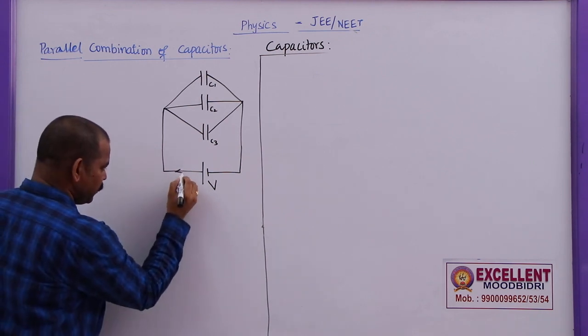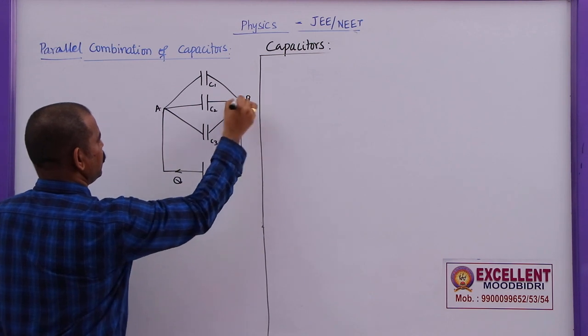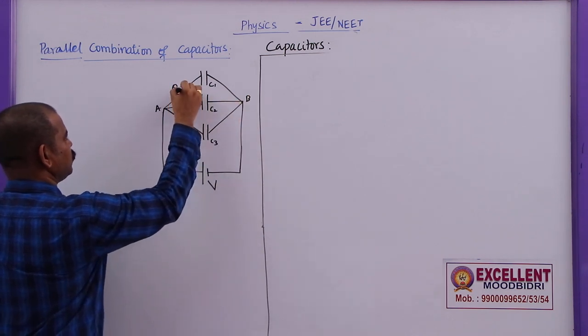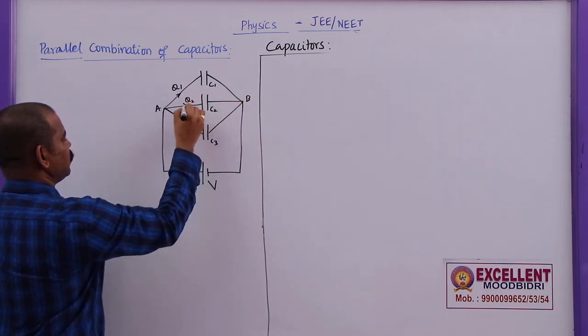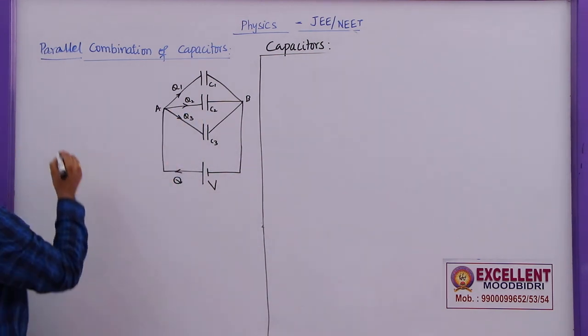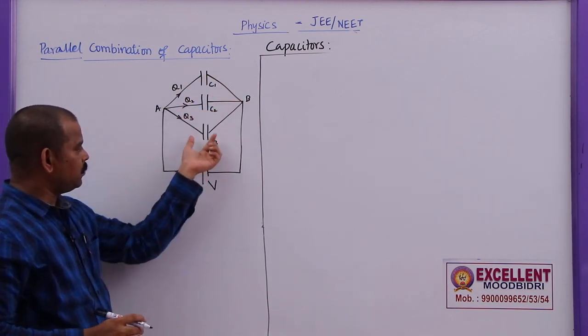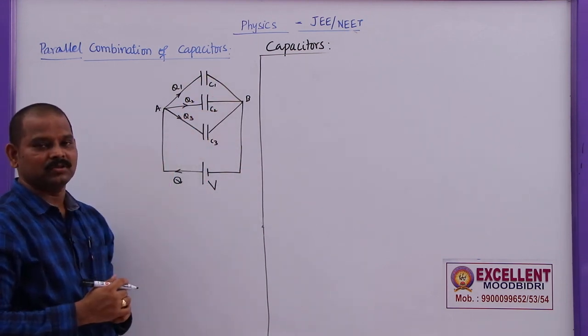So, here what happens? Whatever the charge Q that is coming from the battery, when it comes to this point A, it divides into Q1, Q2, Q3. So, the potential across any branch of this parallel combination remains the same.